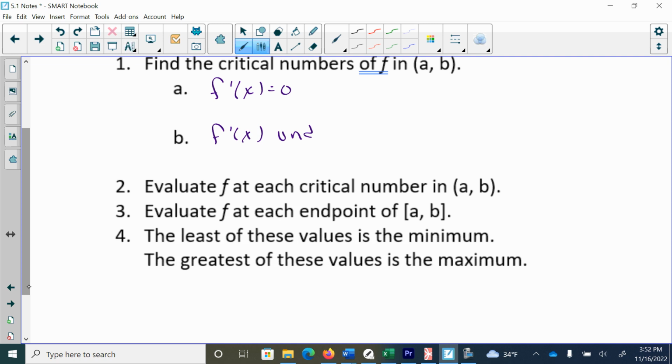Then you're going to evaluate f at each of the critical numbers in a and b. So whatever critical numbers you get up here, you're going to find f of those critical numbers. Then you're going to evaluate f at each of the endpoints, at a and at b. The least of these values is the minimum. The greatest of these values is the maximum. So it sounds really complicated, but it's really not that hard.